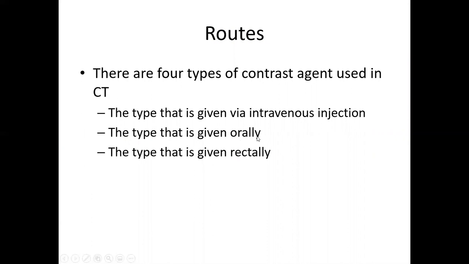You can also give it orally or rectally. The contrast is either ionic or non-ionic. That is the thing about contrast agents. Mostly if you are going for a contrast scan, you should check the creatinine beforehand. But for MRI, I think it is not so mandatory to check the creatinine.